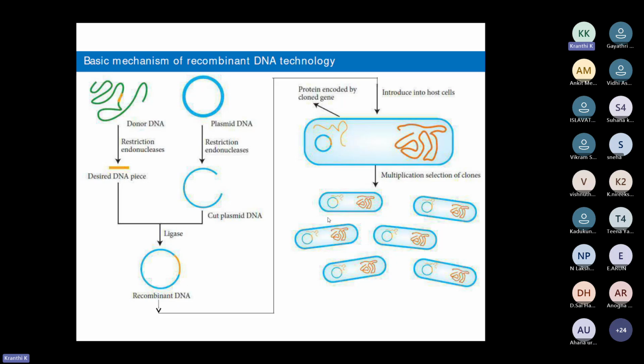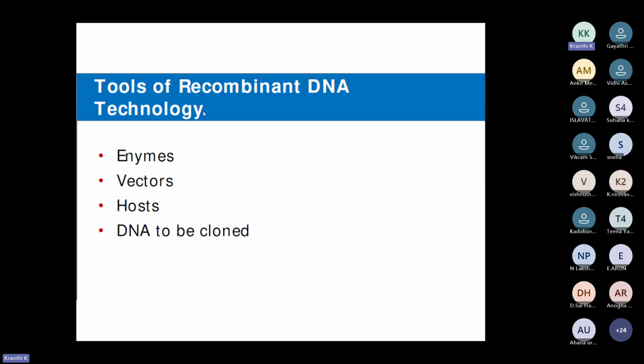Then, based on the desired DNA piece, all the cells will express the insulin. That insulin is collected from these cells, purified, and later supplied. So this is how insulin is manufactured in huge quantities. Got it?